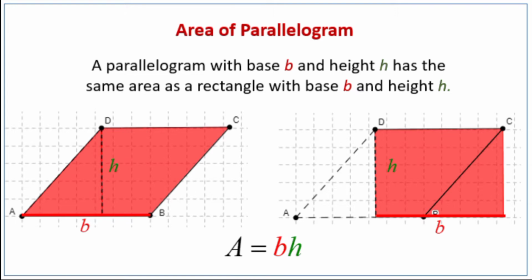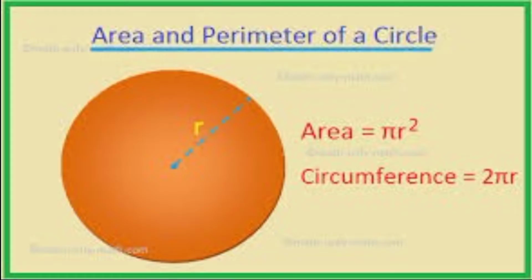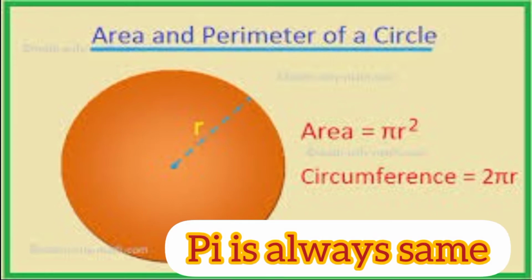Now let's understand how to find perimeter and area of circle. Pay attention here. Area of circle is pi r square. Now questions may arise in your mind. What is pi? Pi is 22 by 7 or 3.14. It is the ratio of a circle's circumference to its diameter.